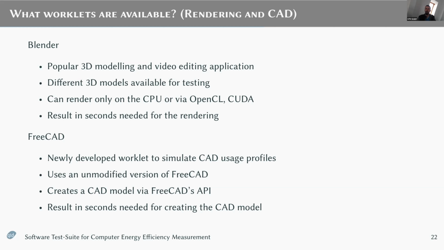But in this case, we are always rendering on the CPU because support for those hardware accelerators is in the making and not quite good enough, to our understanding, for our purpose. The result is the seconds needed for the rendering.